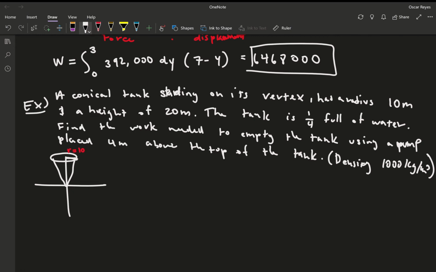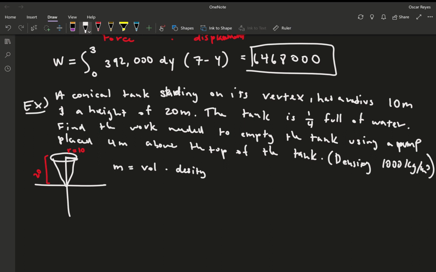And we know that the height of it is 20. Okay, so what we have here is the mass is equal to the volume times the density.